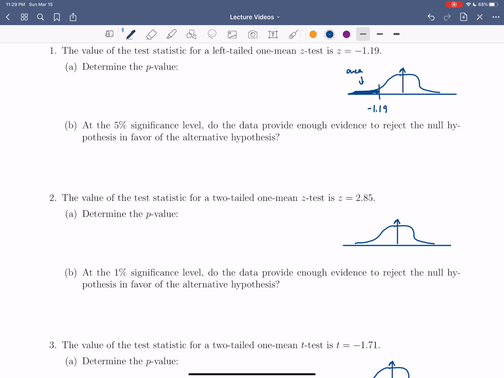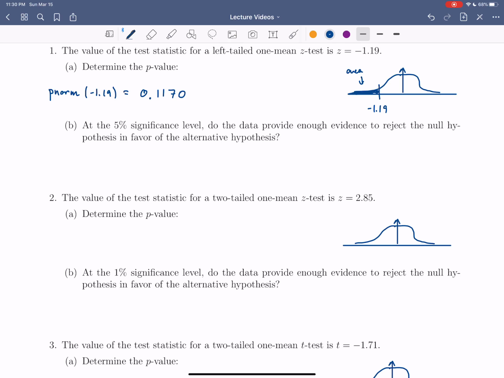So what we're going to have to do in R is type, we want the cumulative probability up to negative 1.19. This is a left-tailed test, so that means that we're only worried about the left tail. This is all we need. Okay, so if we type pnorm negative 1.19 into R, what we end up with is 0.1170.